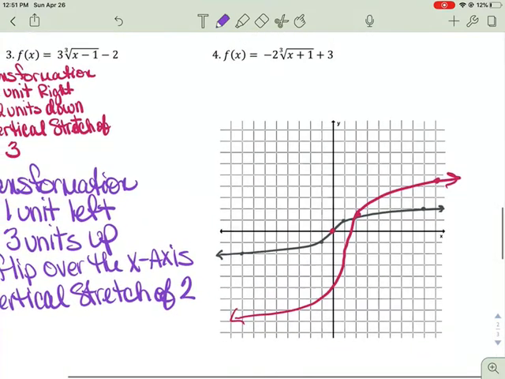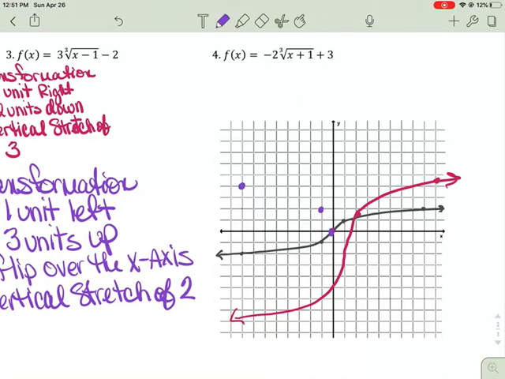All right, so let's do the flip and the vertical stretch. So all of my y values are going to go on the opposite side, and then we're going to multiply them by 2. So this negative 2 is going to come up here to this 2, and then we're going to multiply it by 2, so it's going to come to here. This negative 1 gets multiplied by 2 and a flip. This one's still 0, 0.